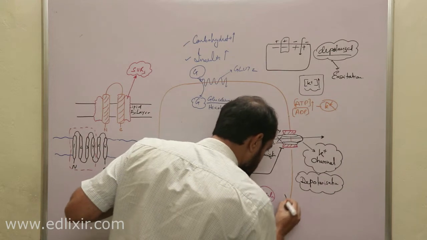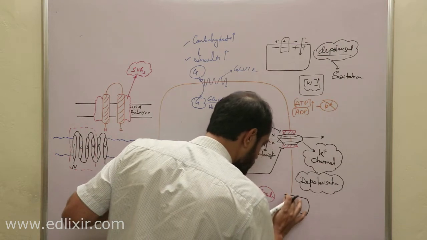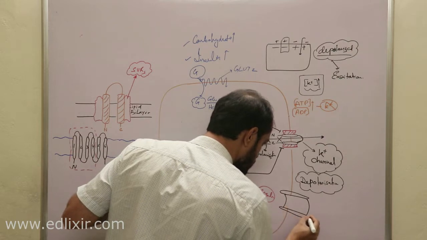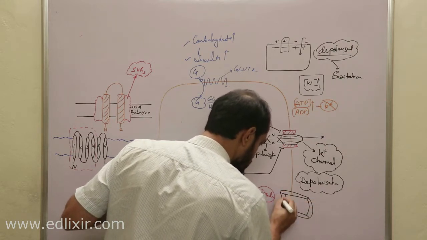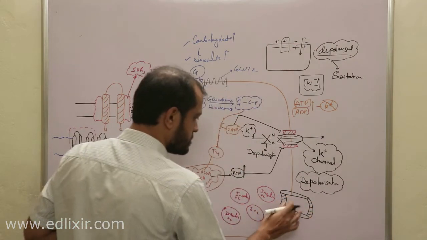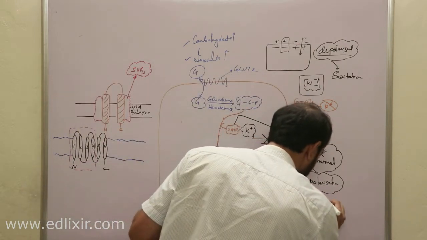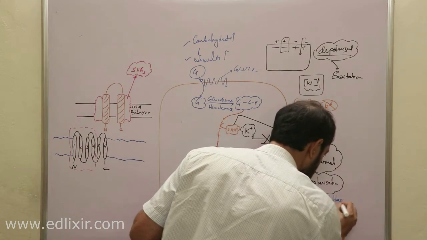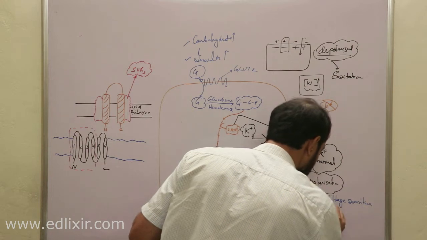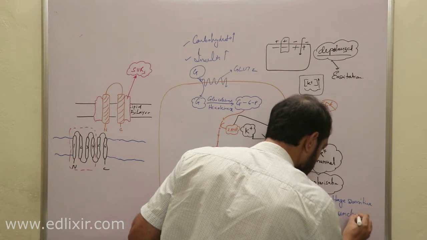That is, there is a channel here, you know. This channel is called voltage gated or voltage sensitive calcium channel.